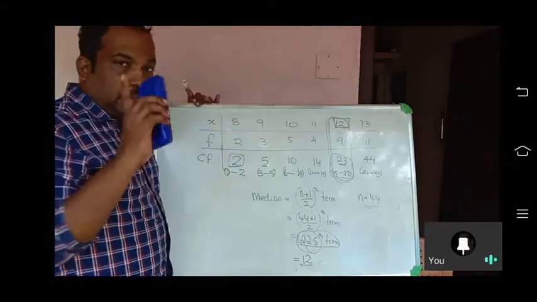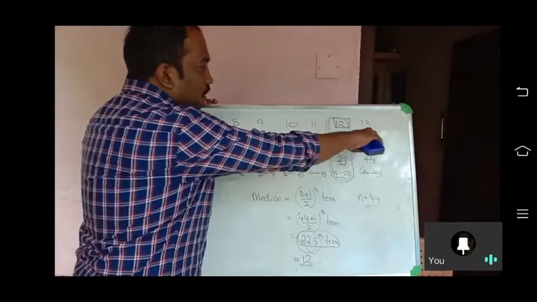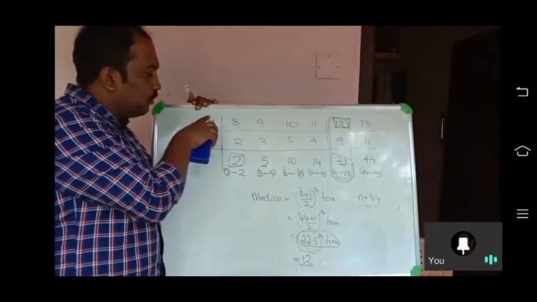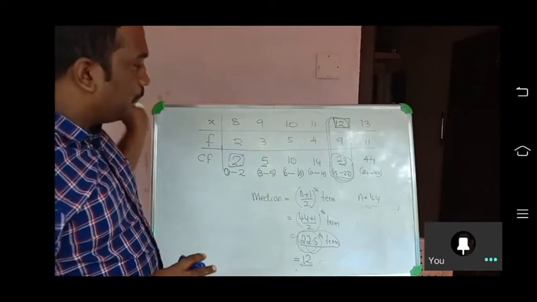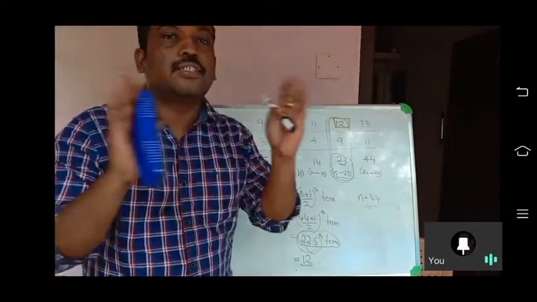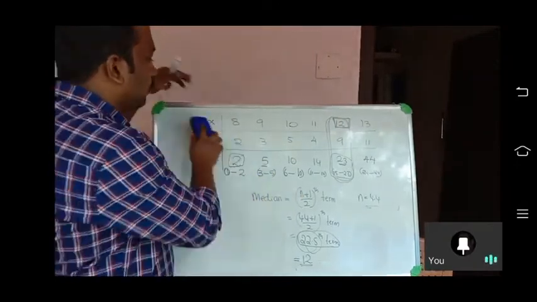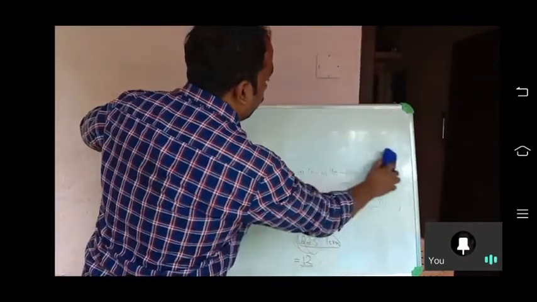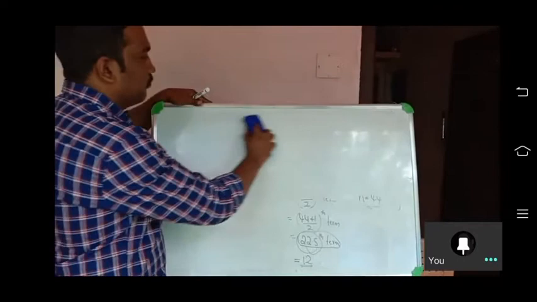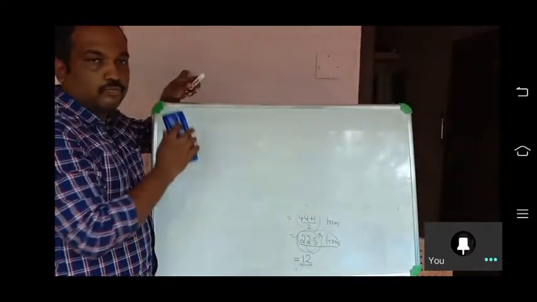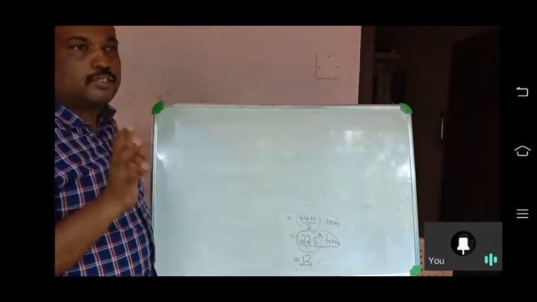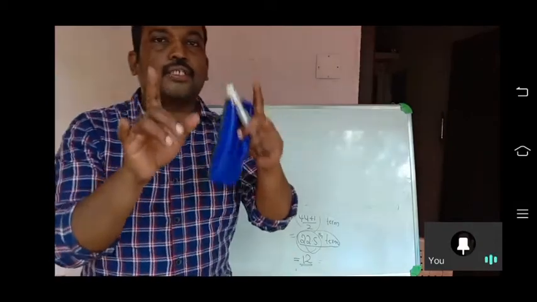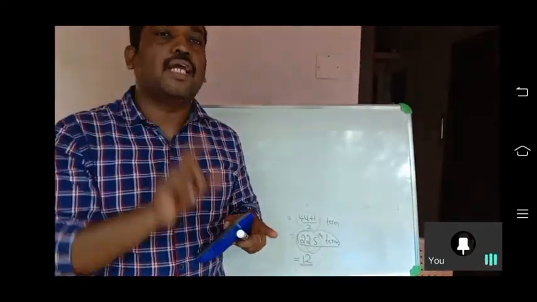In this case, since there is a frequency, we got the exact median. But when the observations are given in class interval format, you can just write this is the median class, and write only one thing: the median lies in this class.